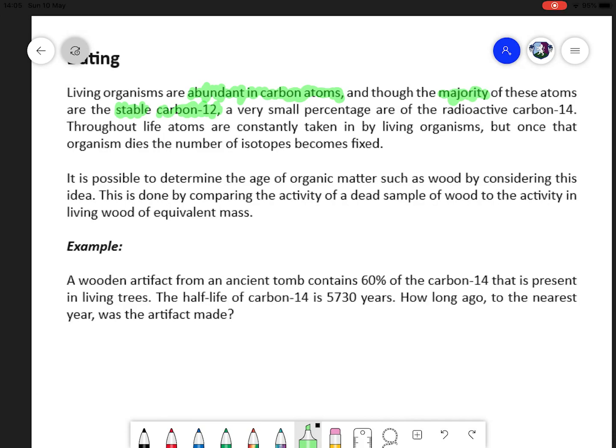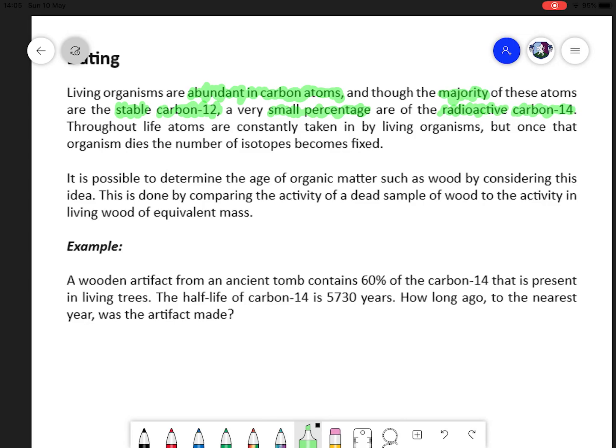However, we also end up with a small percentage of carbon-14, which is an unstable isotope, so it's radioactive. Now, they will decay over time, whereas carbon-12 will not.